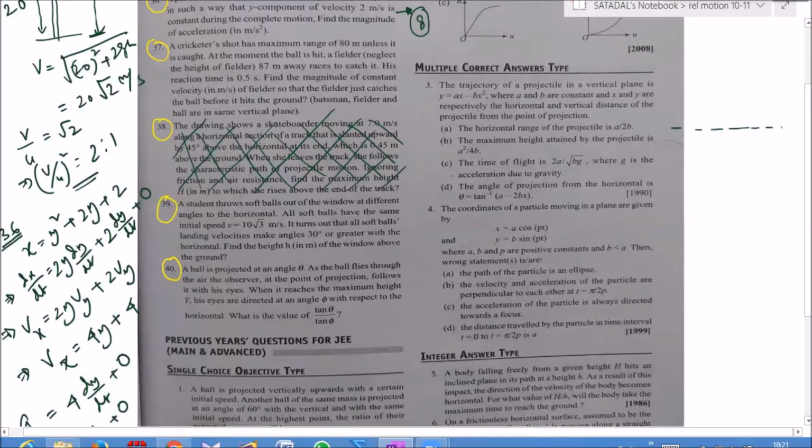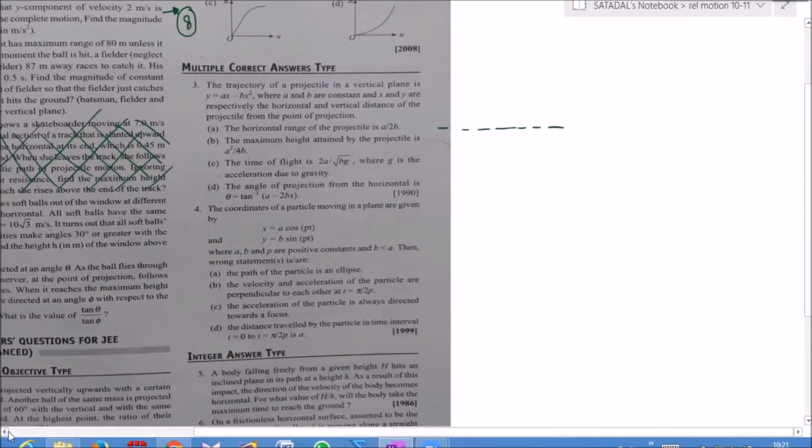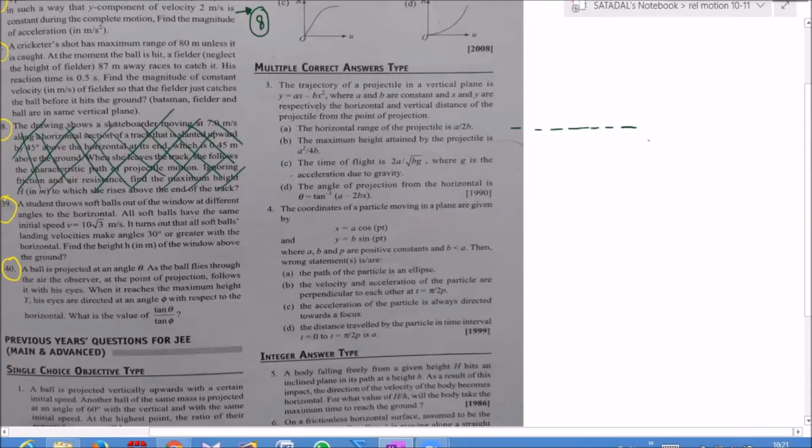They are saying that here a ball is moving like this, and here is a fielder. So this ball maximum range is given to be 80 meter.